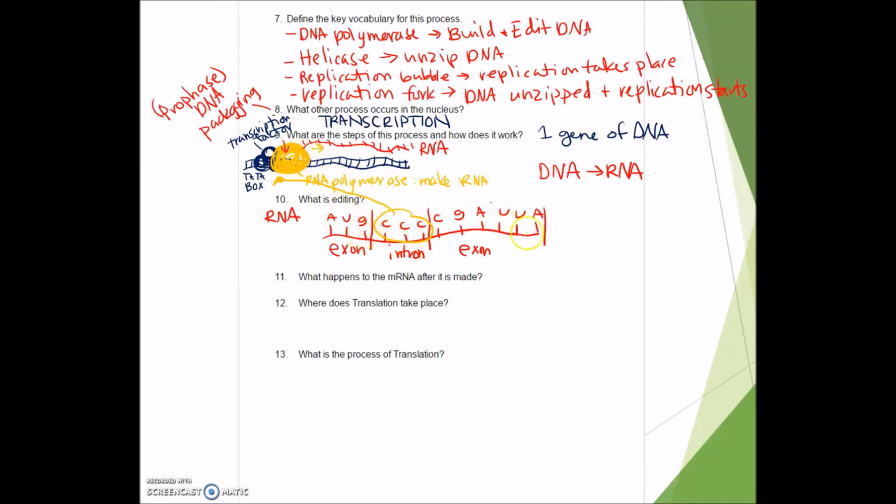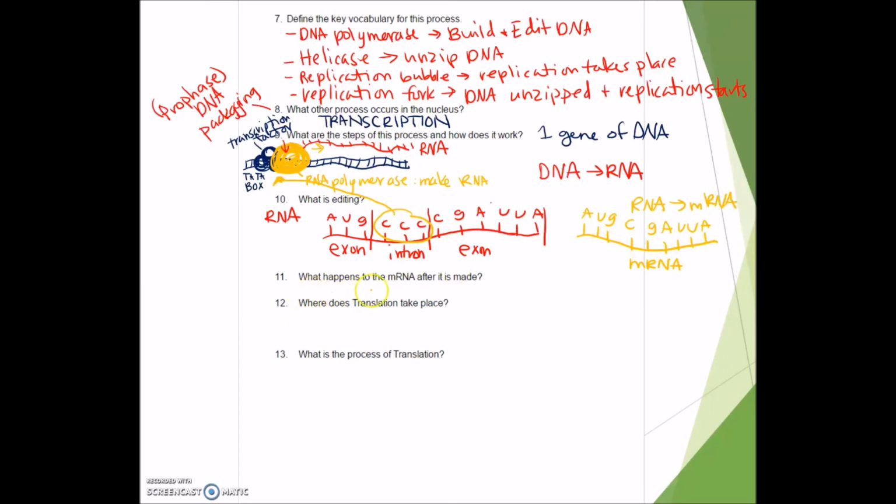Then the exons are going to come together, so you'd have a new piece of just exons, and that is mRNA. So we'd have the exons, which was A, U, G, C, G, A, U, U, A. And this is now our mRNA. So editing is taking our RNA and turning it into mRNA.